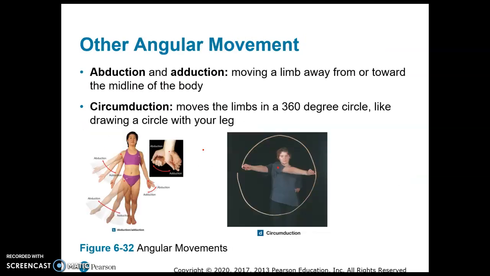Okay, so abduction and adduction are movements away from and toward the midline, and you can do this with your fingers, your arms or your legs. Adduction is when you move your arm back toward your body. Abduction is when you move it away from your body. Circumduction is when you draw a circle with your arm or your leg.